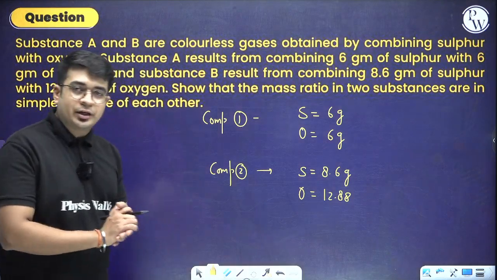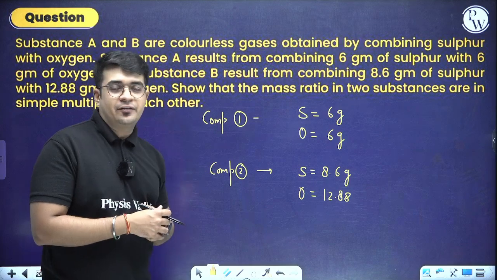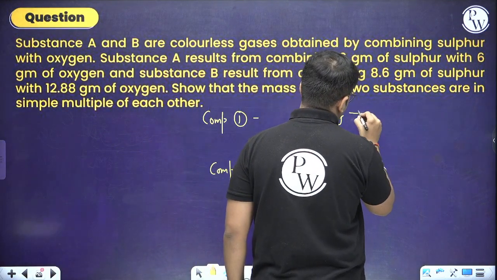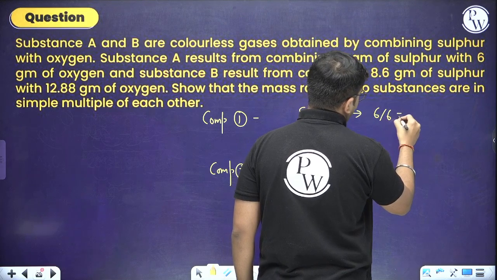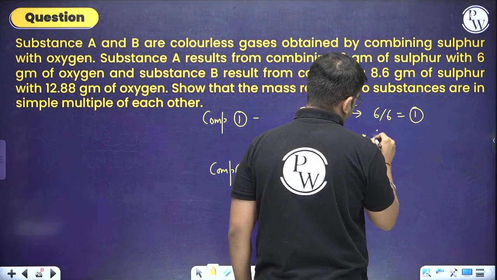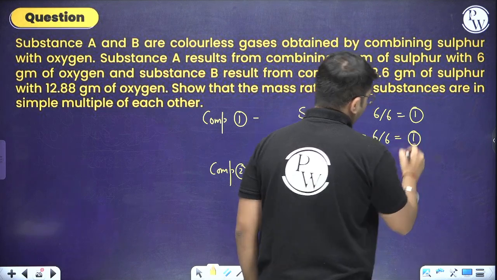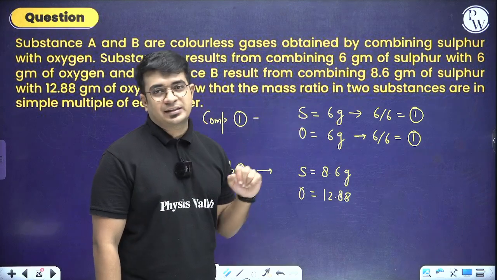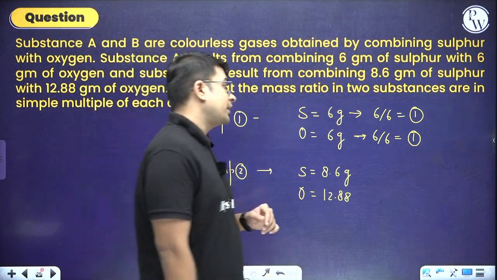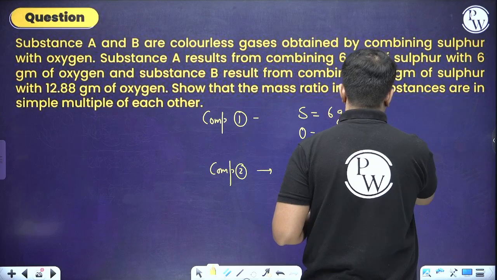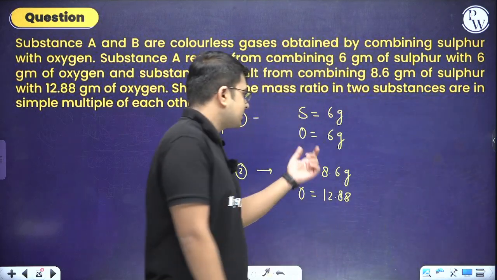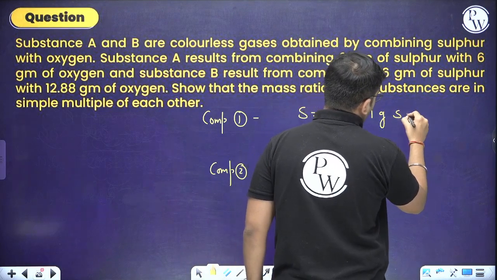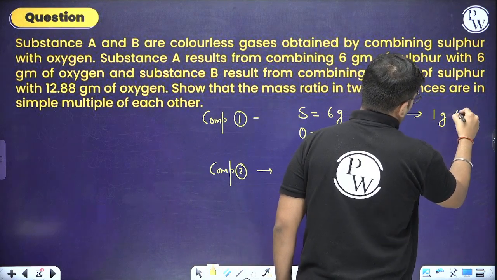First of all, I need to make sure that one element has the same mass. So I divide 6 by 6, that will be 1, and I divide 6 by 6, that will be equal to 1. Why am I dividing by 6? Because I have 6 gram, so I am taking it into 1 gram part. 6 gram of sulfur is combining with 6 gram of oxygen, which means 1 gram of sulfur will combine with 1 gram of oxygen.